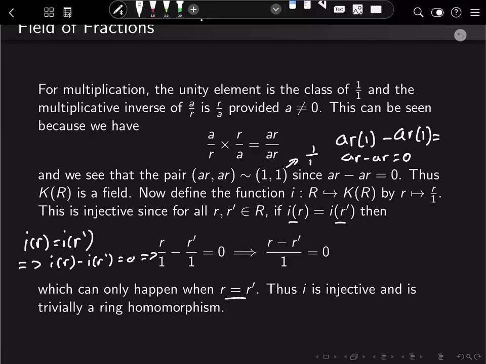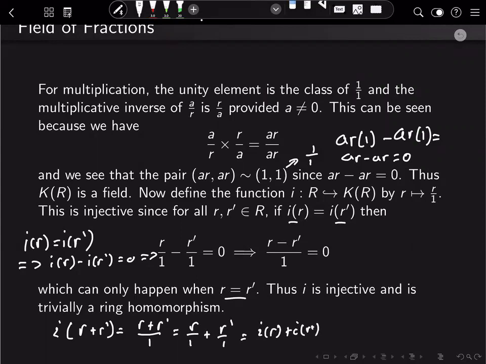So we have I as an injective morphism, and it's a ring homomorphism trivially. We can do a simple proof here. I of R plus R prime is equal to R plus R prime over 1, which is equal to R over 1 plus R prime over 1, and that, of course, is equal to I of R plus I of R prime.